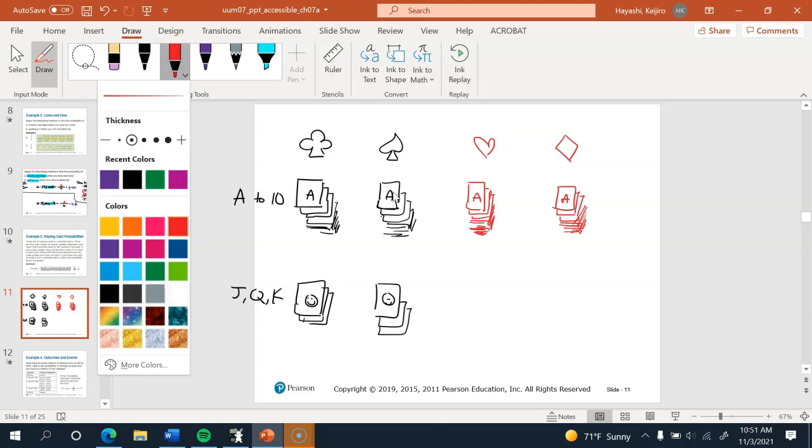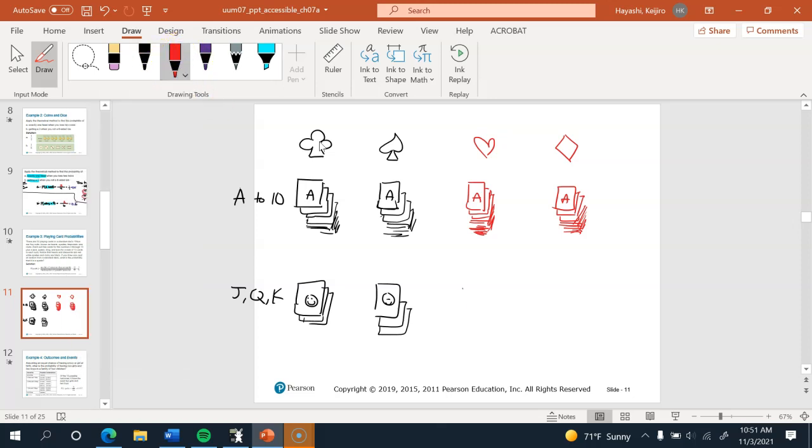They're referred to as a jack, a queen, and a king, right? Sort of in that order. They're not smiling on the actual cards. So these are certainly known as face cards.